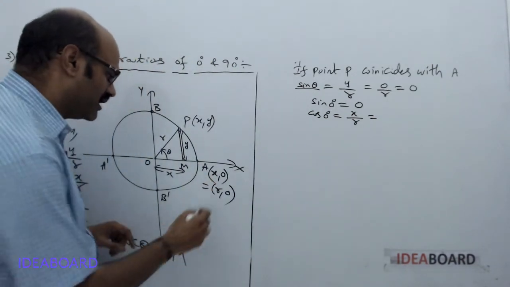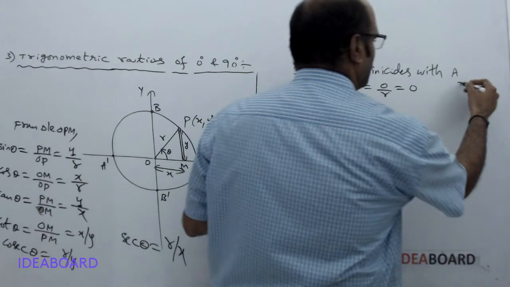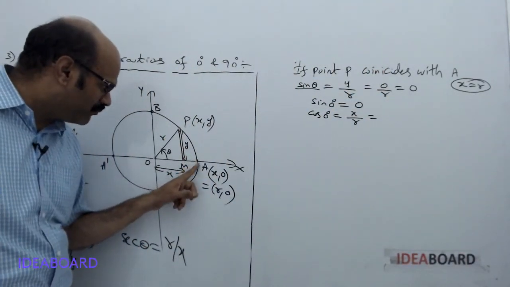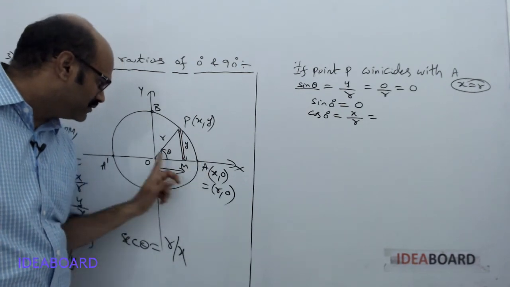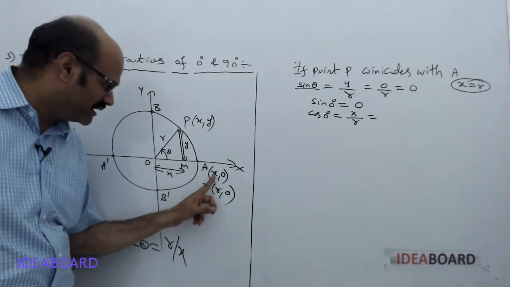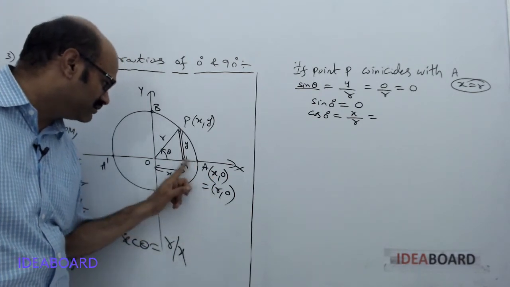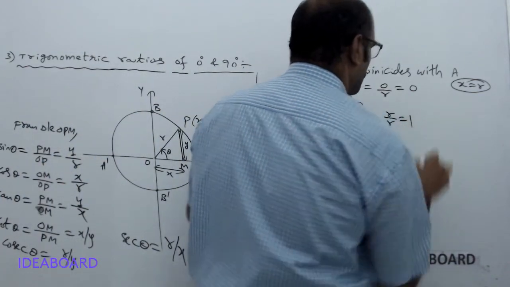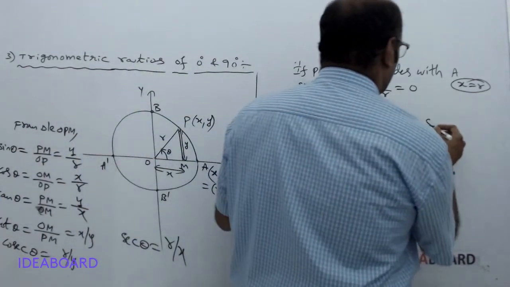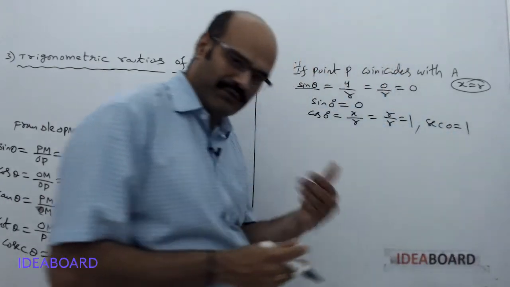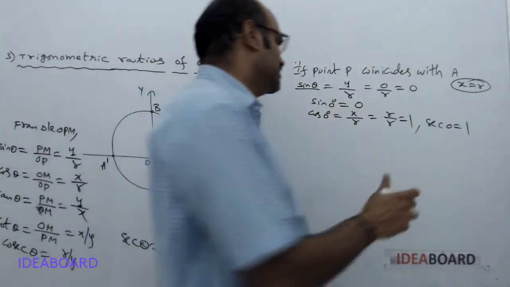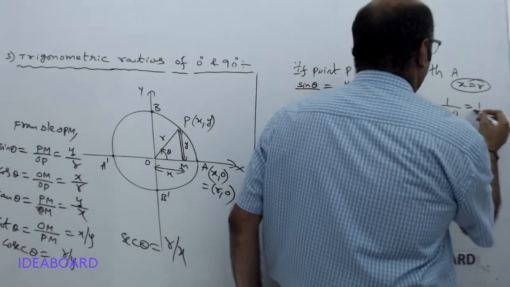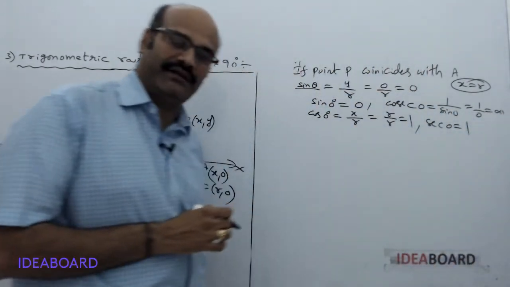Already we have x equal to r here, because OA is nothing but the radius, so x is always equal to r. Now r by r equals 1. So cos 0 equals 1, and secant 0 is also equal to 1, the reciprocal of cos 0. Now cosecant 0 equals 1 by sin 0, which is 1 by 0, undefined, infinity.